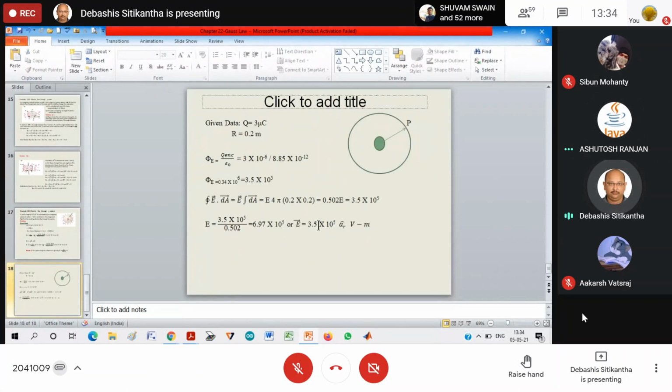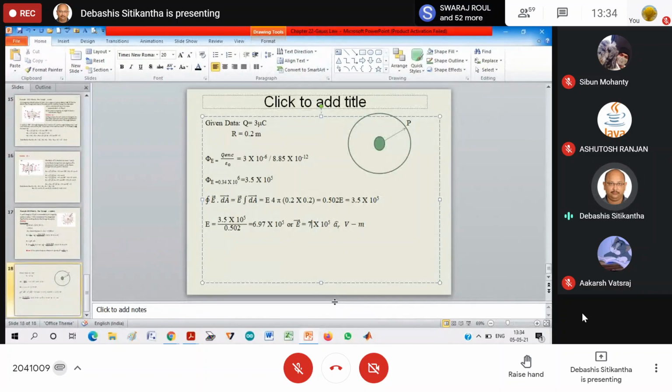Oh, I am sorry. Let us write it as 7. 6.97 is almost the same as 7, but it is always better to keep 6.97, because this is 10 to the power 5 and obviously there will be a lot of change. So let us keep it as 6.97. Thank you, you have pointed out the wrong thing. Thank you very much.